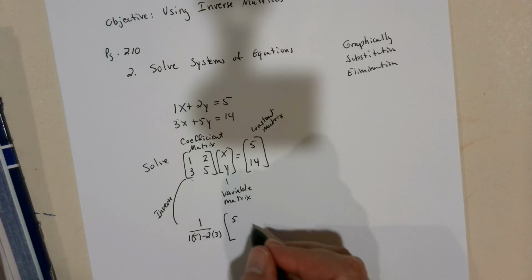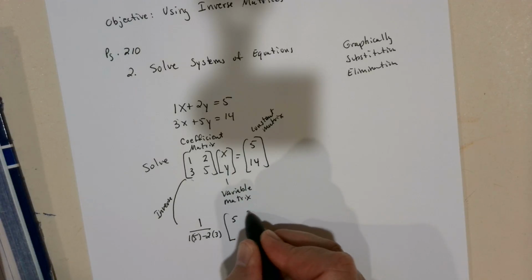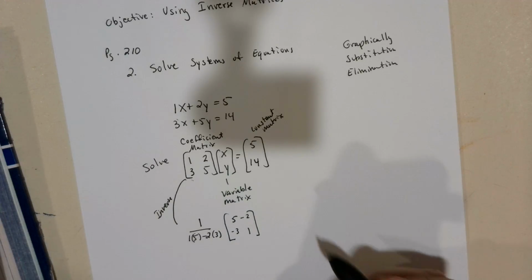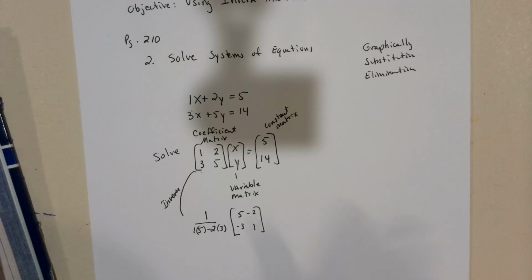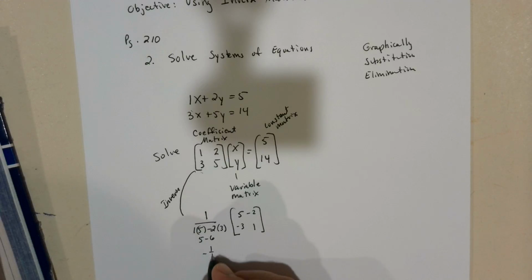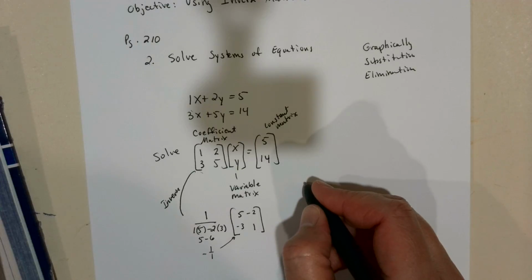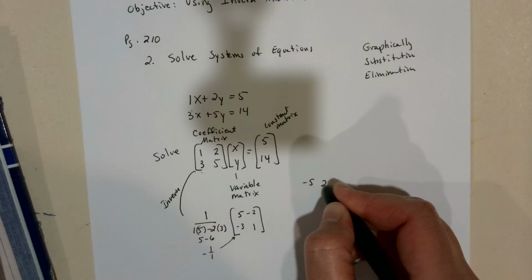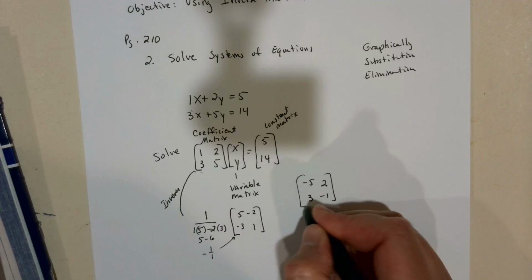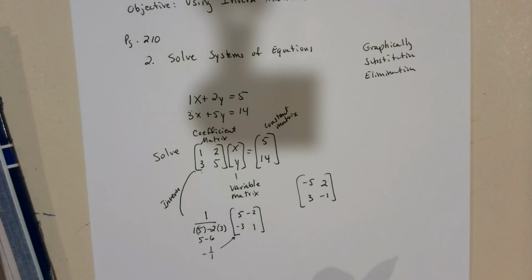On the inside, we are going to flip the 1 and the 5, and we're going to change the signs on the 2 and the 3. And on the outside, we have 5 minus 6. So we're going to get negative 1 over 1. And so when I distribute that through, my inverse matrix is going to be negative 5, positive 2, positive 3, and negative 1. So our inverse matrix is negative 5, 2, 3, negative 1.